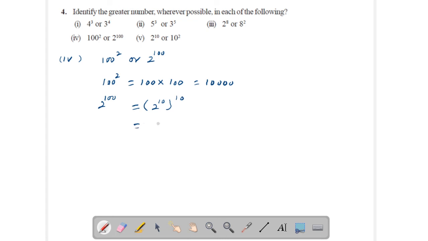Here 2 raised power 10 means 2 is multiplied 10 times, that is 2 into 2 into 2 into 2 into 2 into 2 into 2 into 2 into 2 into 2. Here if you multiply 2 10 times, it is 1024 raised power 10.